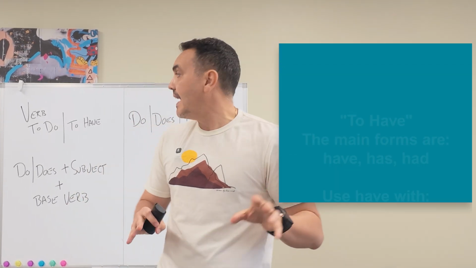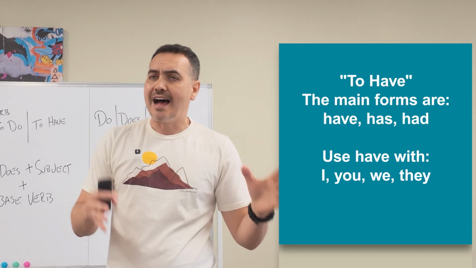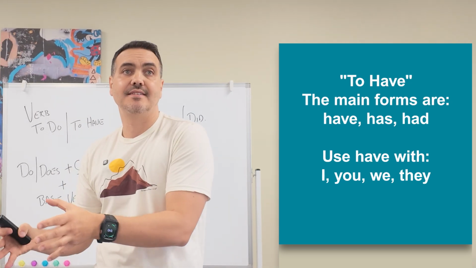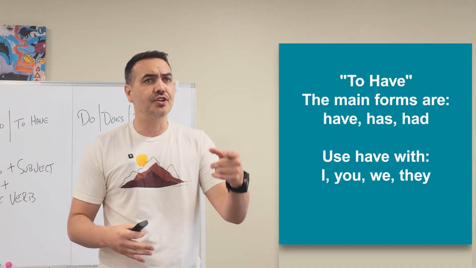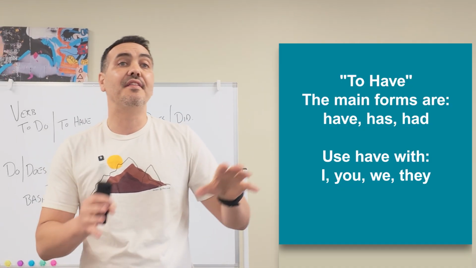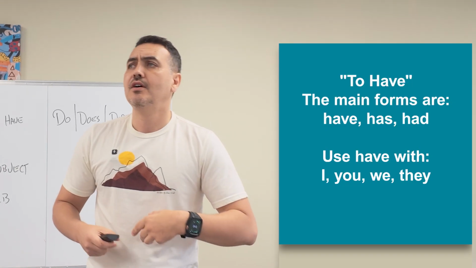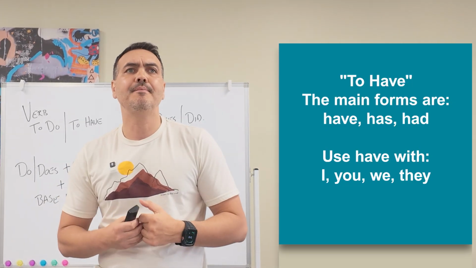So now let's look at to have, okay? The main forms are have, has, and had, okay? Use have with I, you, we, and they. For example, I have, you have, we have, they have, okay?